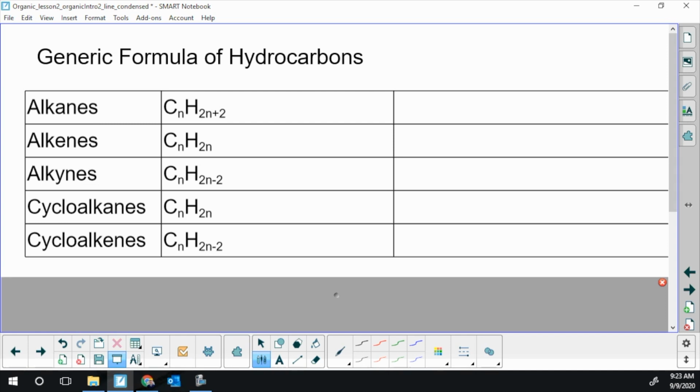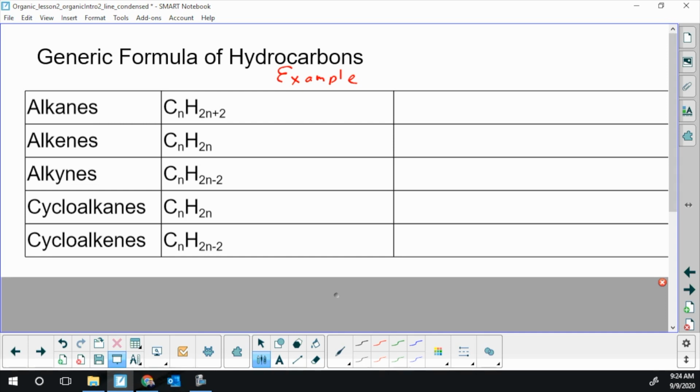If you have 1 double bond or 1 triple, so if you have any alkane, it's going to follow the pattern Cn, where n can be any whole number.